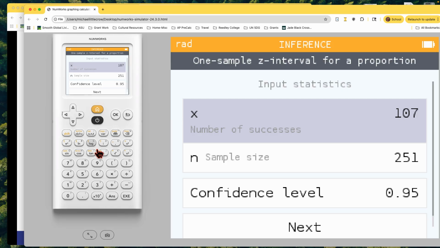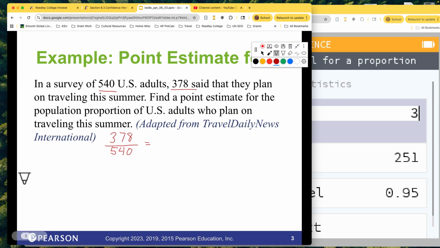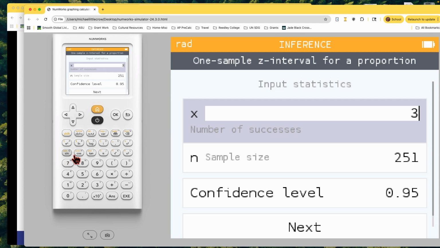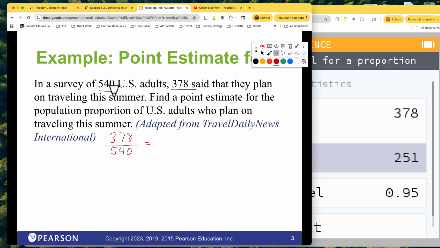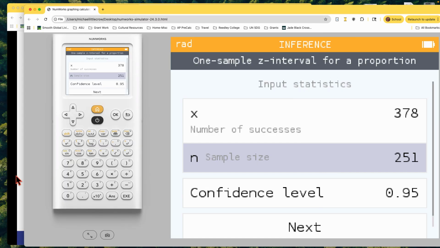That's why I like this calculator. If you use a TI-84, you actually have to calculate it and put in the percentage. This is going to do that for us. I think they were thinking ahead. What was it, 378? Sample size, 500, right? Or 540. Good thing I checked.